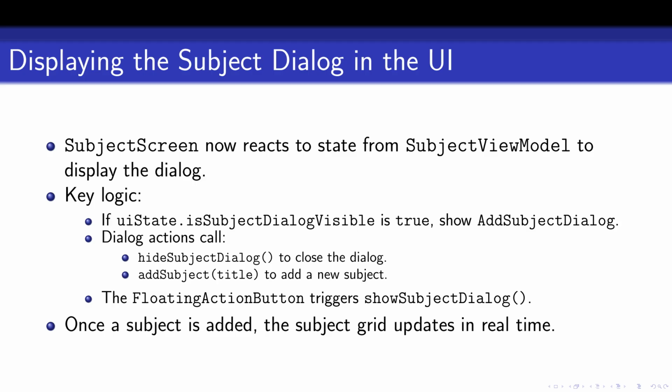If isSubjectDialogVisible is true, the dialog is displayed. Inside the dialog, confirming will call addSubjectTitle and close it using hideSubjectDialog. The floating action button is responsible for triggering showSubjectDialog, and once a subject is added, the subject grid updates immediately.